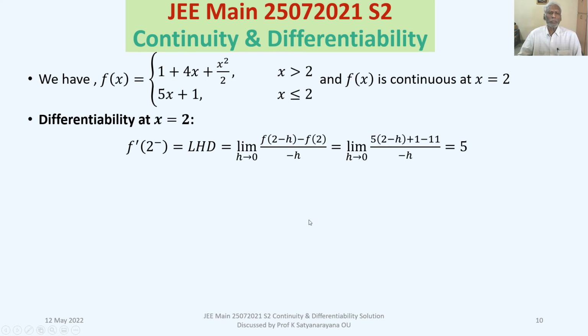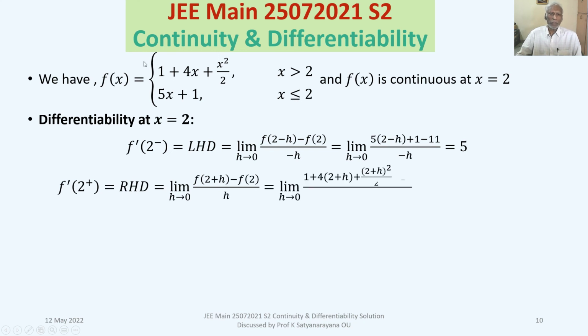And f prime 2 plus, the right hand derivative, in this branch, is limit h tends to 0, f of 2 plus h minus f of 2 by h. And f of 2 plus h in this branch will be 1 plus 4 times 2 plus h plus 2 plus h whole square by 2, minus f of 2, that is 11.